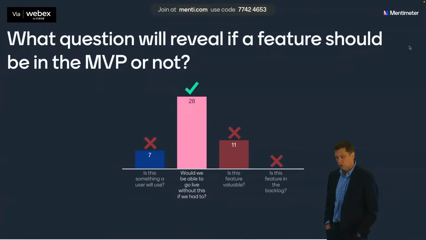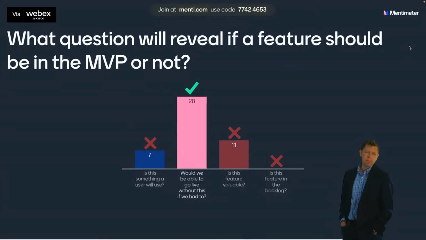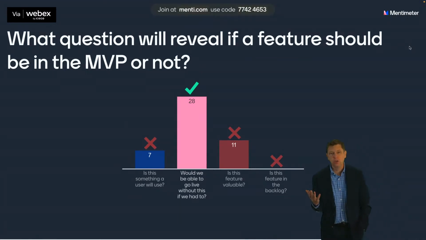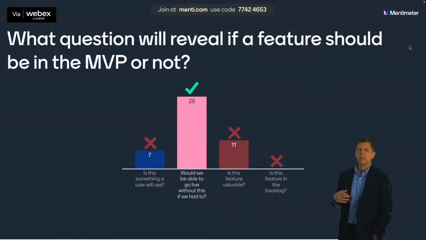There's lots of things the user will possibly use that you might be able to go live without. Like if you think of the calendar example that we gave earlier, having the UI to be able to edit the calendar was something that they definitely would use, but they were able to go live without it. And is this feature valuable? There's lots of things that are valuable that aren't so valuable they would keep you from using the application. So there's a little bit of differentiation there between something being valuable and something being required in order to go live.